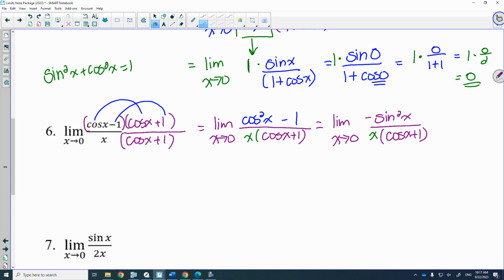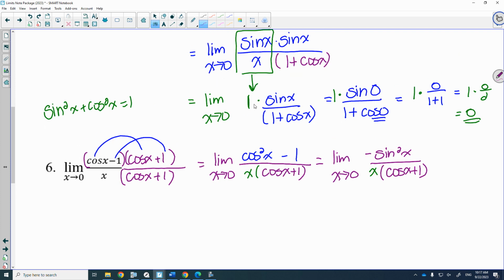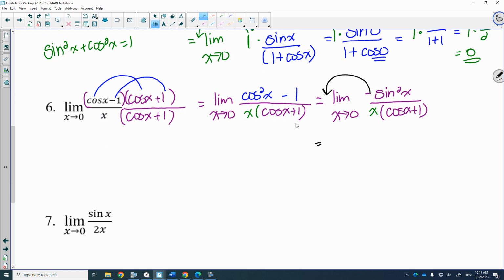Okay, what I'm going to do, and I actually could have done this up here. Remember from our properties of limits, the limit of a constant is the constant. So what I could have done is just brought that in front. So this negative is going to be my constant. I'm just going to bring that to the front. And I'm going to rewrite this as negative 1 times the limit as x approaches 0.